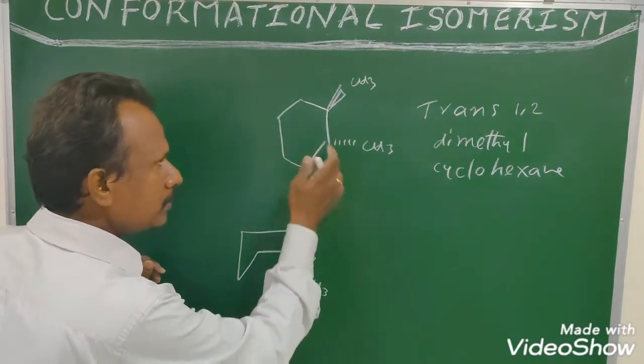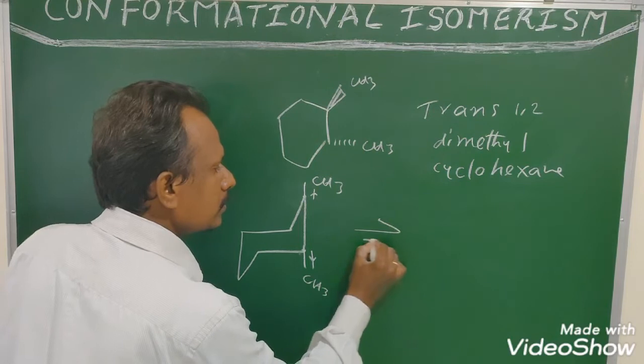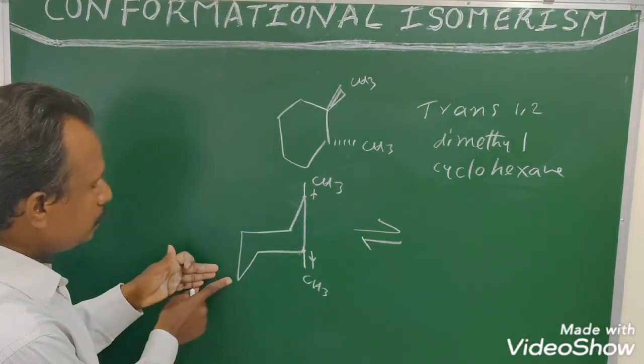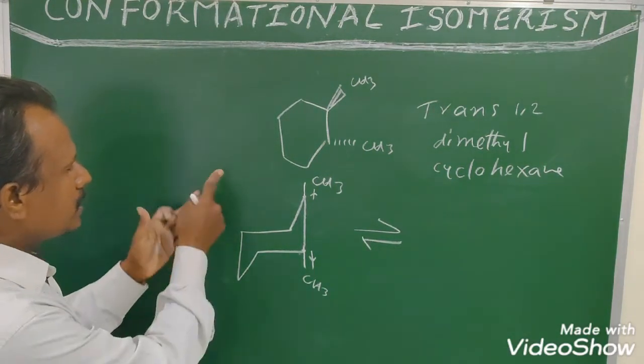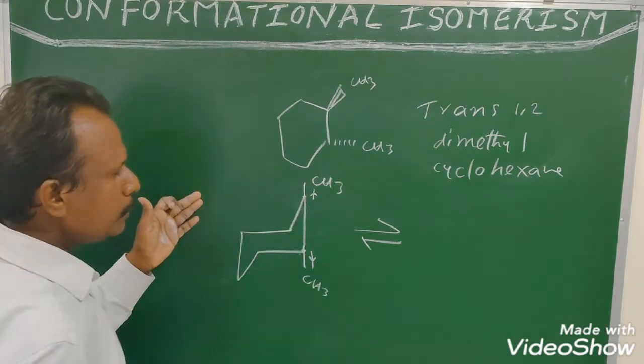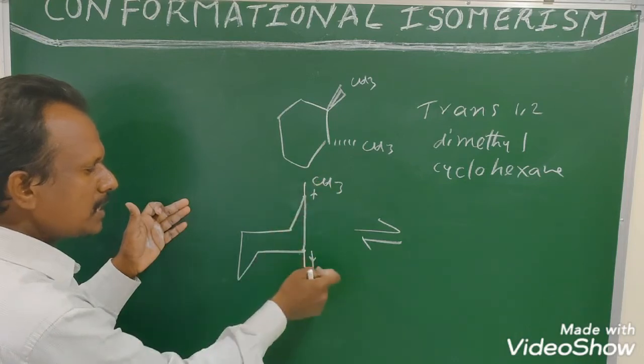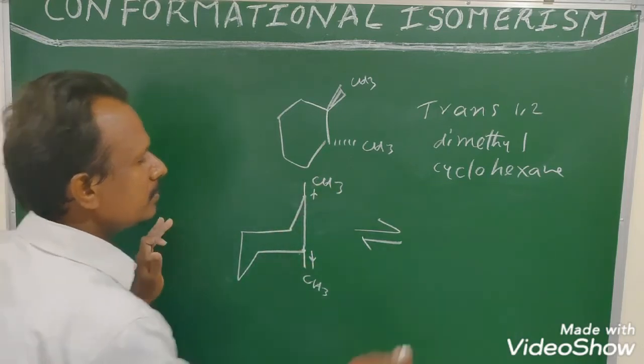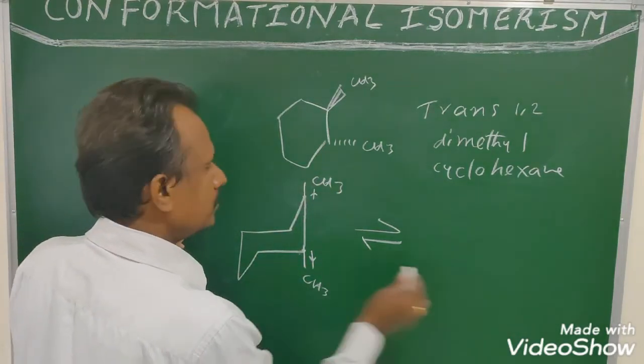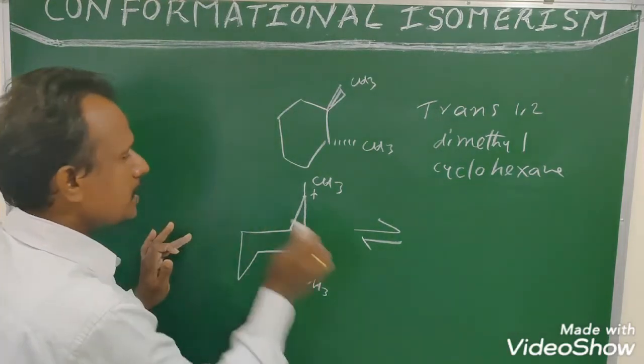Due to flipping, what happens? Footrest becomes headrest, and headrest becomes footrest. Their positions change. Axial methyls are converted to equatorial methyls. Another change is that footrest becomes headrest.